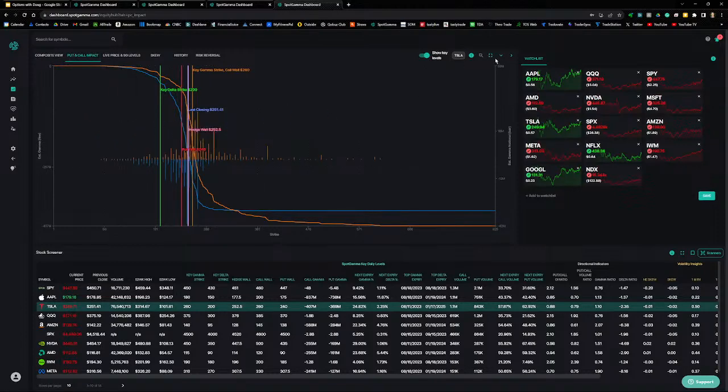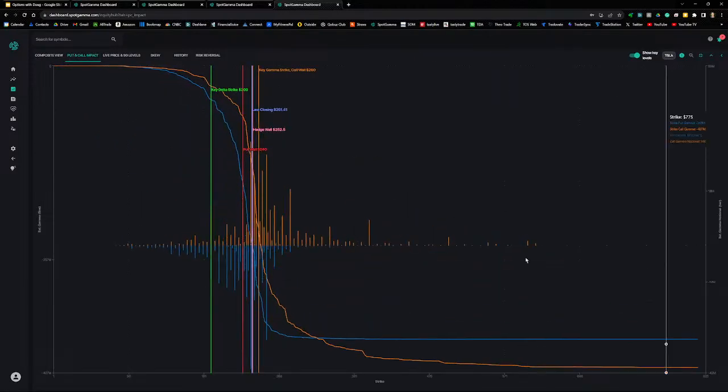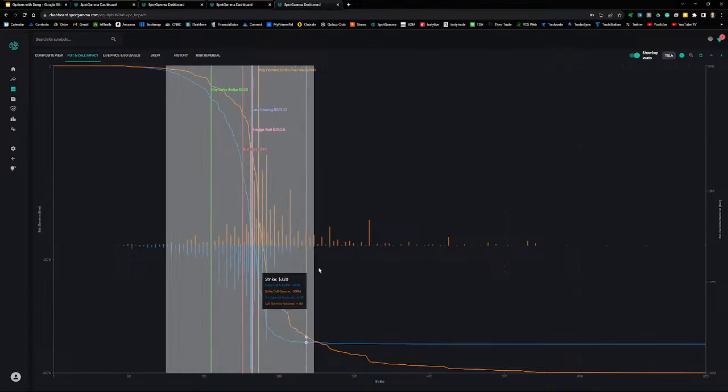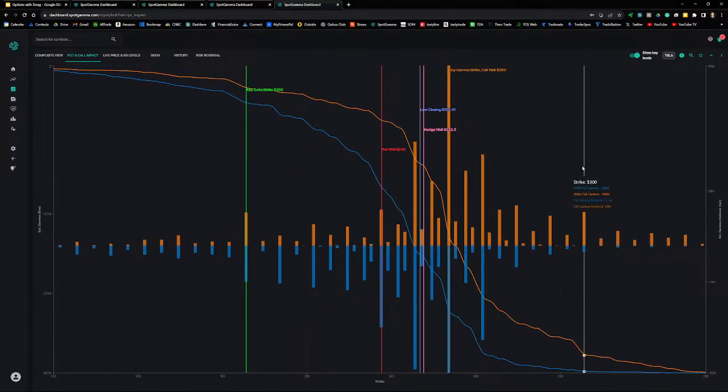We can zoom in on this. So here's the 270 level, 267 below that, so 270 is the call wall.